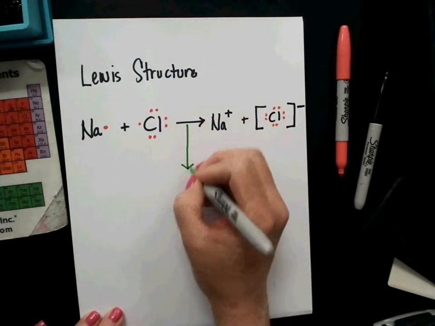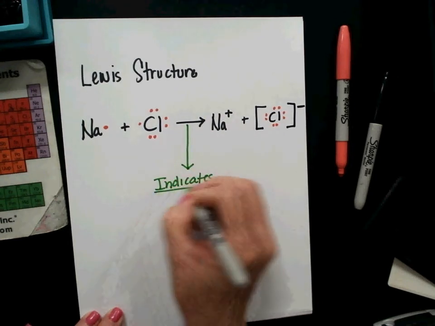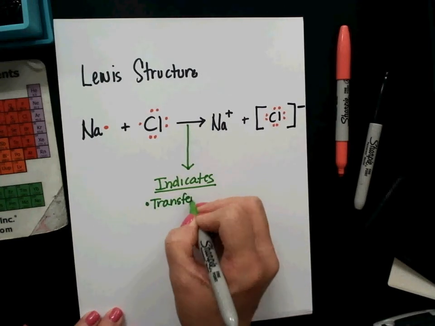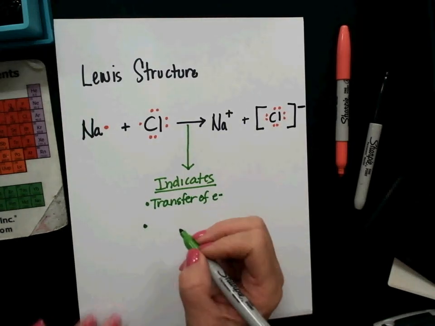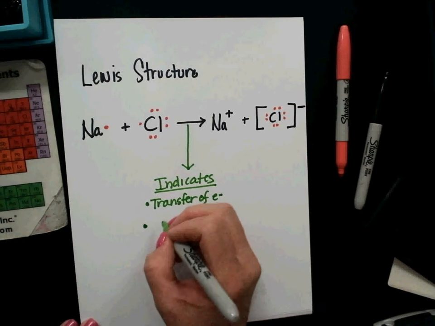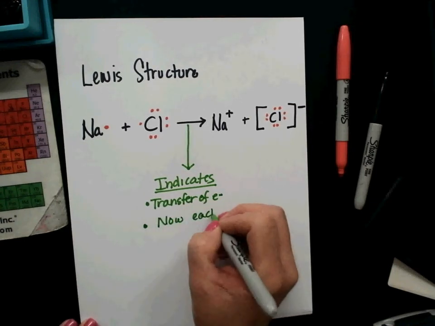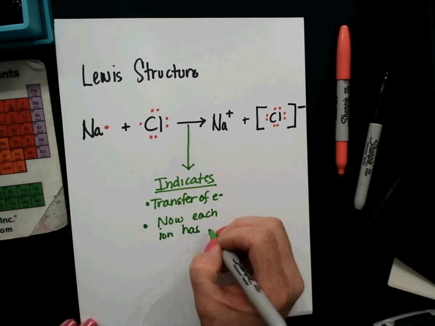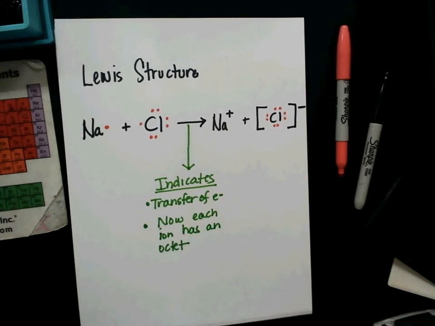So sometimes you'll be asked about this arrow and what it indicates. First of all, it indicates transfer of electrons. It also indicates, if it's an ionic compound, that now each ion has an octet.